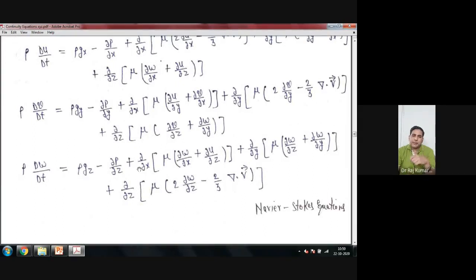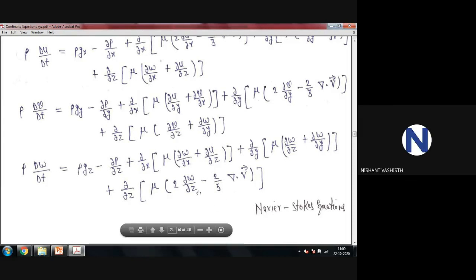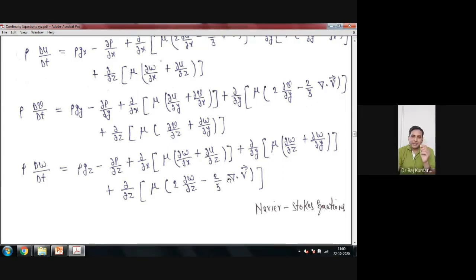For incompressible flow, you have the continuity, so this term will come from continuity: your del dot V equals 0. Do you remember the continuity? Yes, sir. So for the incompressible fluid, del dot V equals 0, and this term will get cancelled. The viscosity term will come outside of the differential sign.